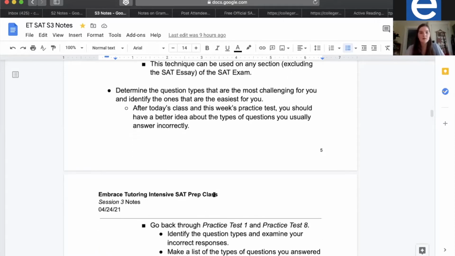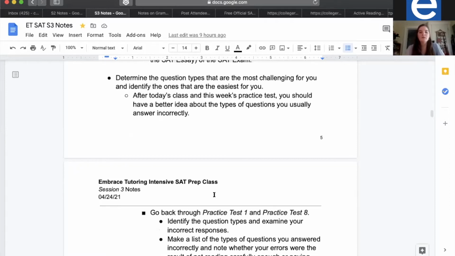All right, so then I want every student to determine, after you've identified which passages you want to start with and which subject matter tends to be the most difficult for you, the question types that are most challenging for you and the ones that are easiest for you. That's going to vary.